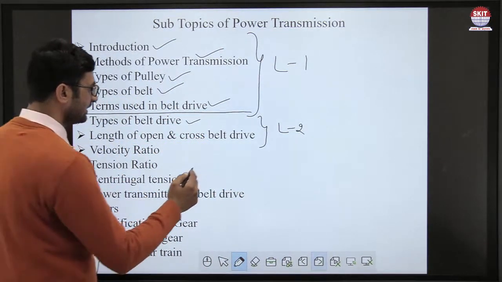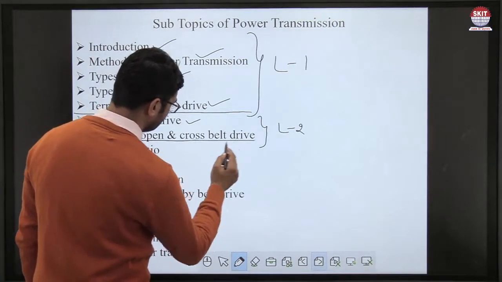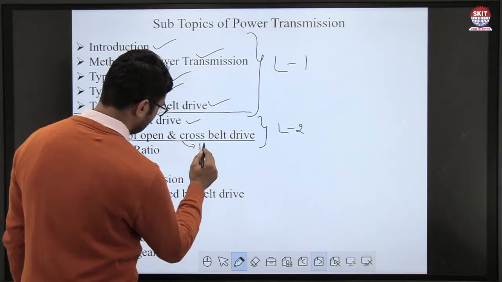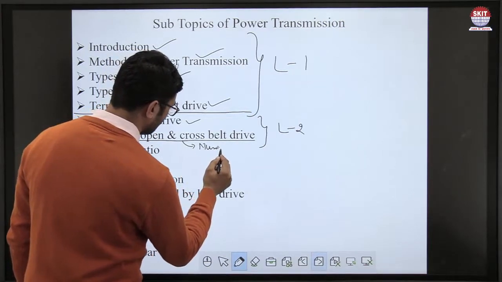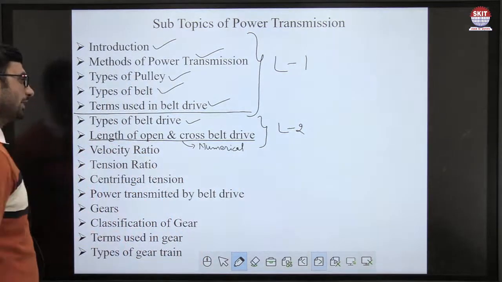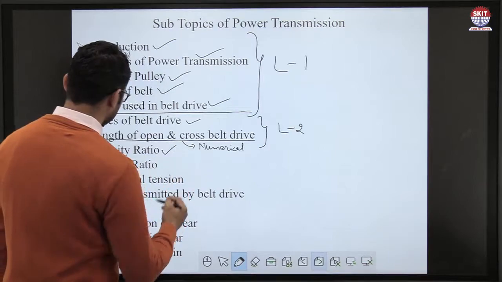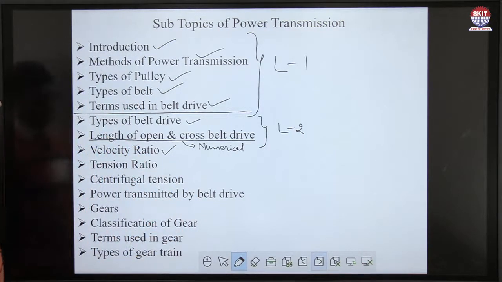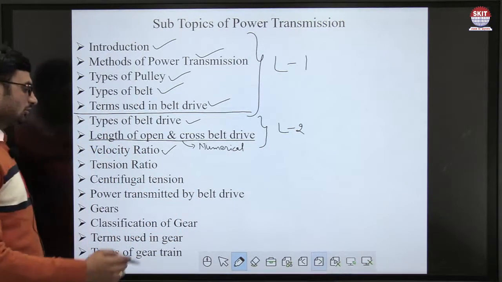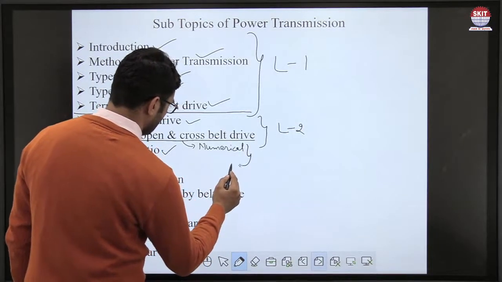In the third lecture, we did the numerical on length of open and cross belt drive, and we covered the derivation of the velocity ratio in two cases, when slip is present and when slip is not present.